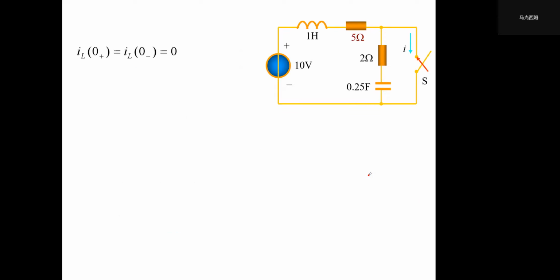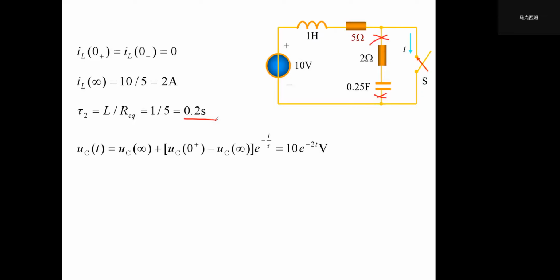And for the inductor, the original value is 0, the final value is 2, and tau equals L over Req. Req is 5 because this loop has been short circuited, so we don't have to worry about it. So it's 0.2. And we can calculate the UC.